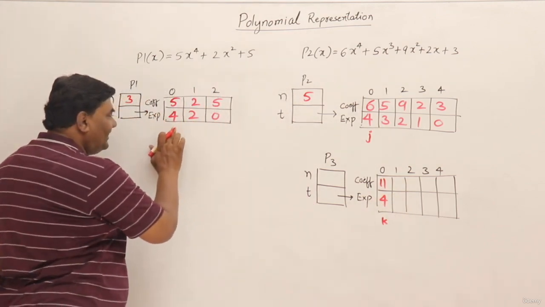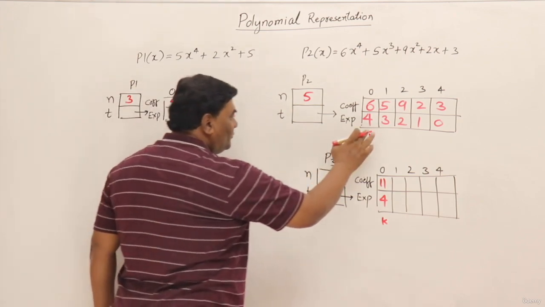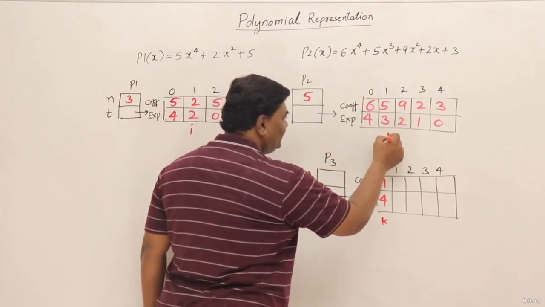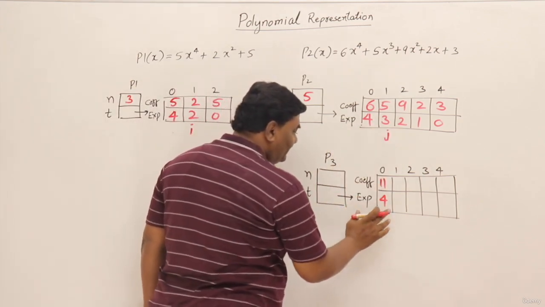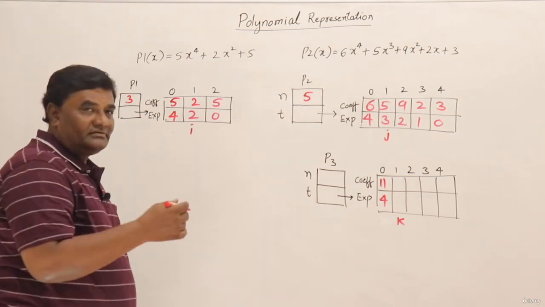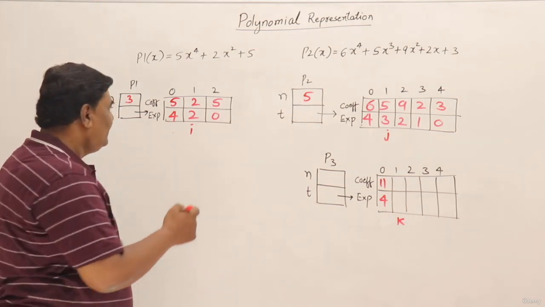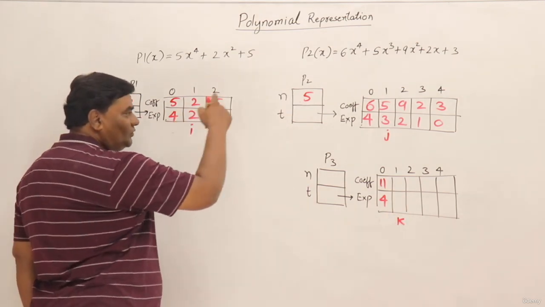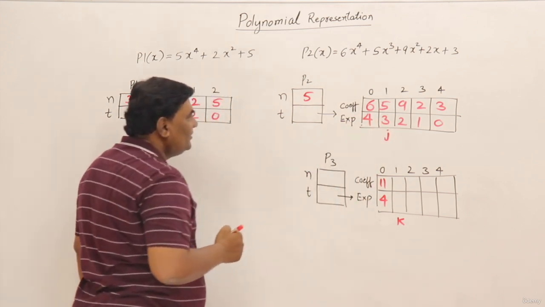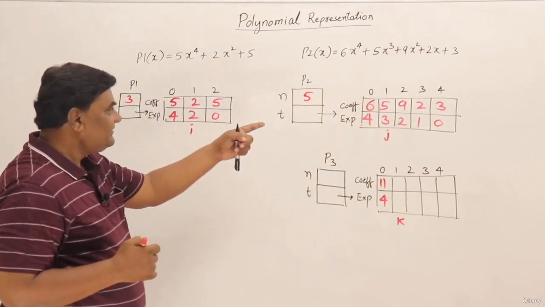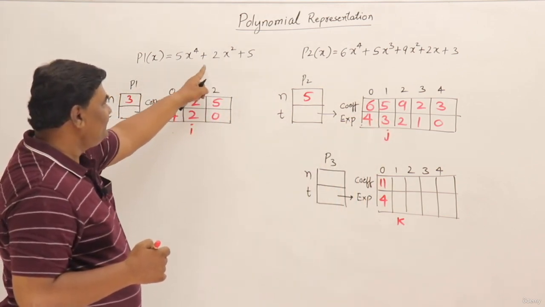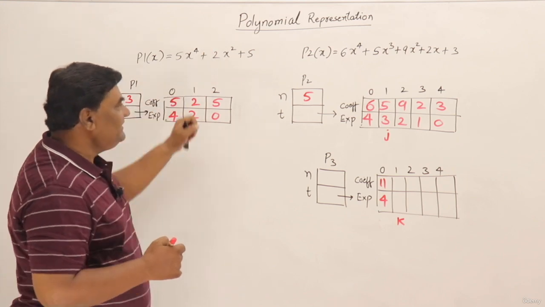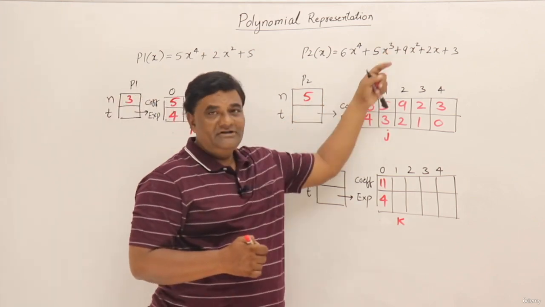So move I to next term, move j to next term, and move k also to next term. Then continue the same thing. Check power 2, check power 3. No, that power is 3. So this polynomial is not having any term with power 3. This is having a term with power 3.